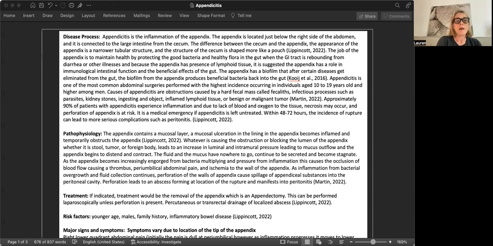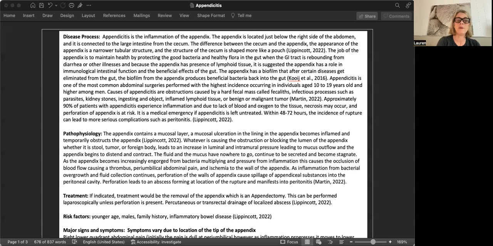Appendicitis is one of the most common abdominal surgeries performed, with the highest incidence occurring in individuals ages 10 to 19 years old, and the prevalence is higher in men.